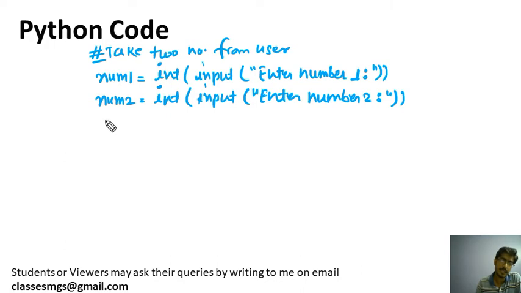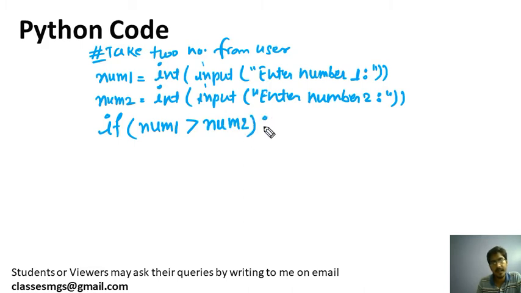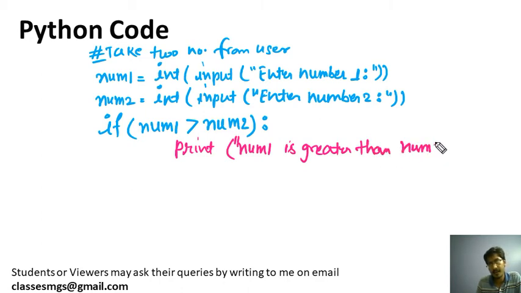Then you will check the condition here: if number 1 is greater than number 2, we are not checking the condition for equality here for now, then we will print, let me write in a different color, print number 1 is greater than number 2.